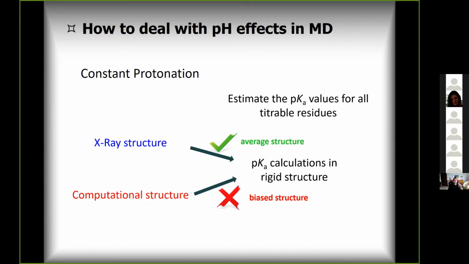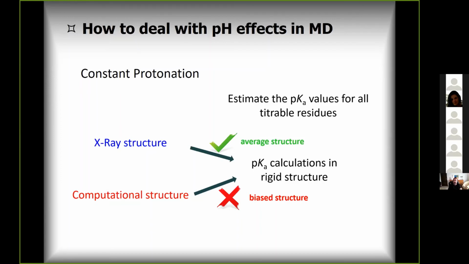Because if it was used in the computational project, or if it was minimized or whatever, if you apply the force field on that PDB file, the person who applied that protocol already took the decision for you, because they already set up the protonation states of the computational protocol.